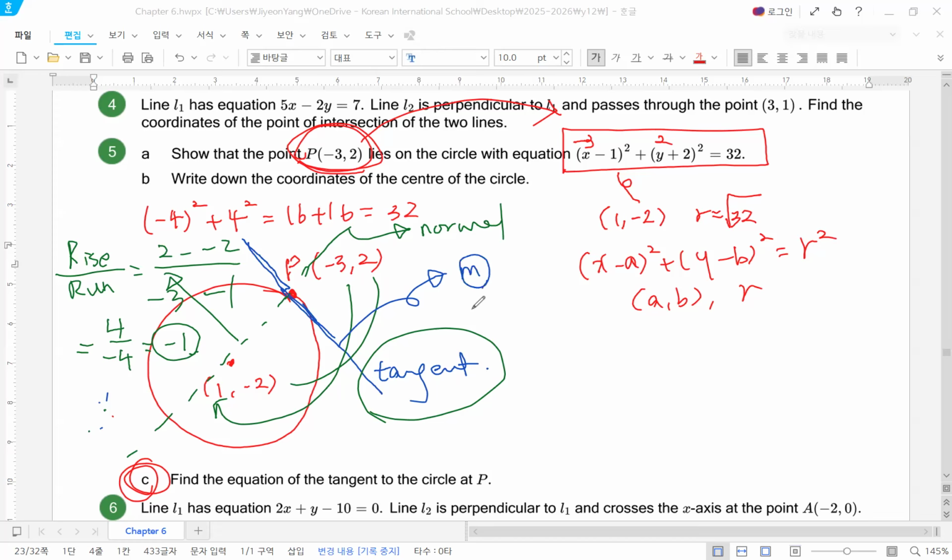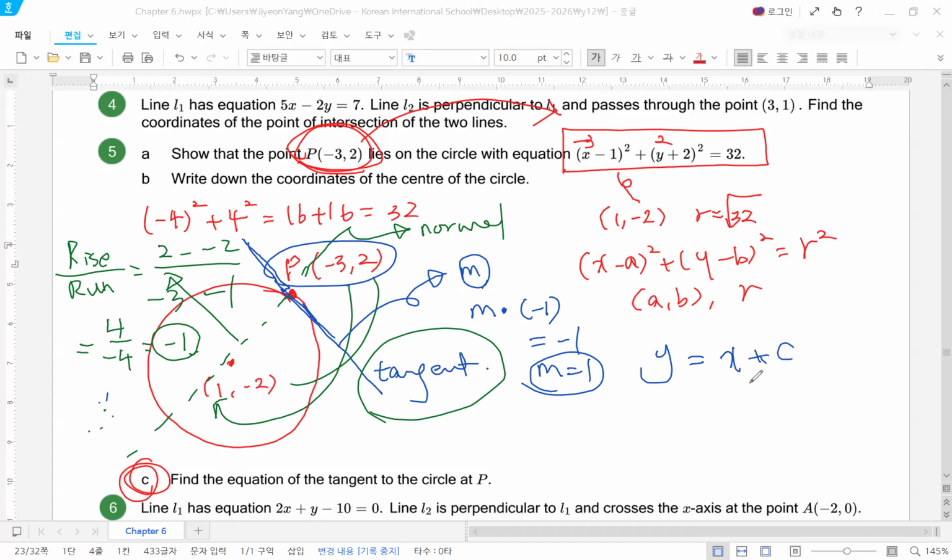Guys, find the gradient which multiplied by this gradient makes negative 1. What is m? Yeah, m equals 1. Therefore, gradient is 1 and it passes through this point. So y equals x plus c.